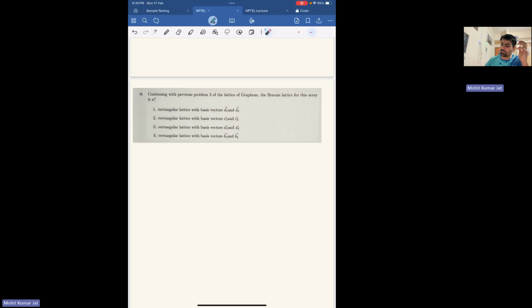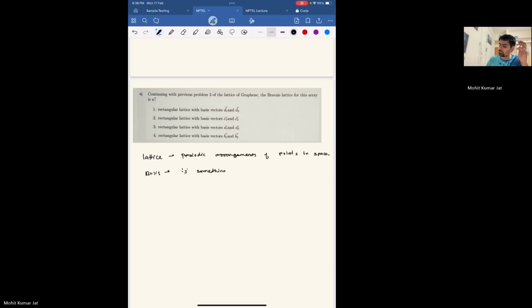So let's understand the terms. A lattice is a periodic arrangement of points in space, and a basis is something which sits on the lattice points.